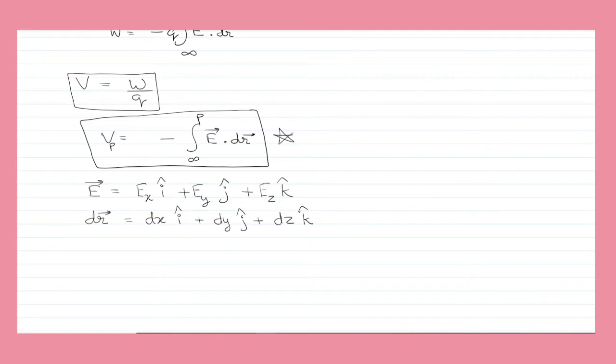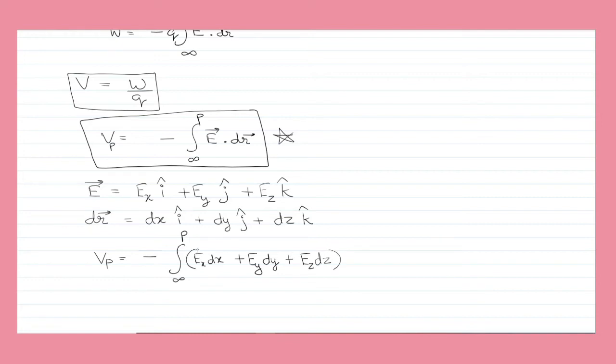So if I put the values, because both of them are vectors, Vp will be equal to minus the integral from infinity to the point P of Ex dx plus Ey dy plus Ez dz.